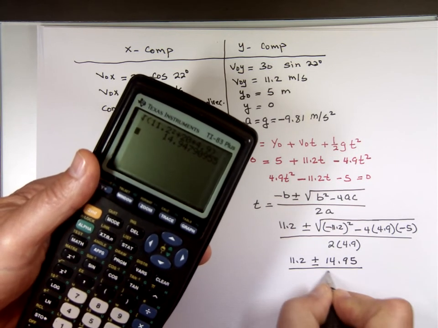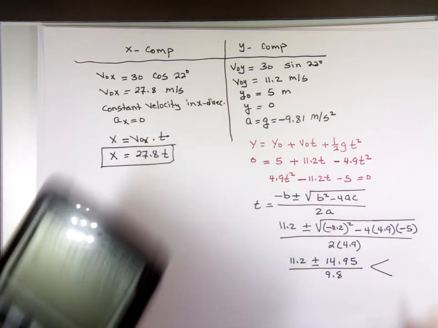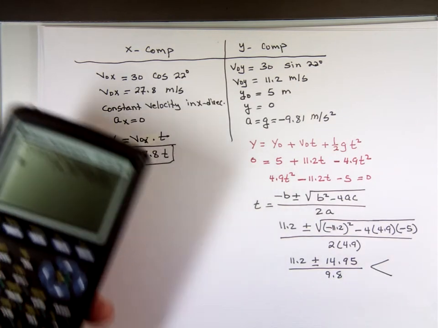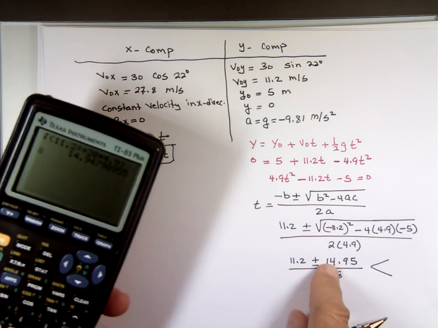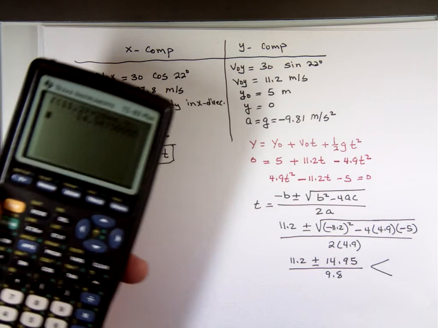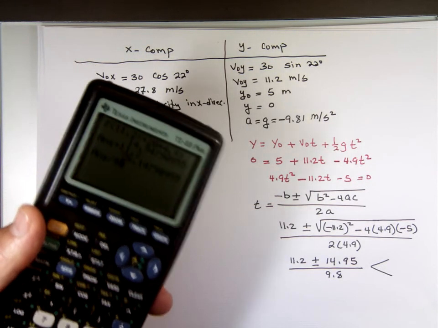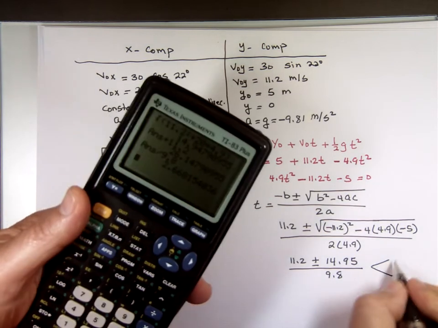One solution is when you use the plus, the other is when you use the minus. 11.2 plus that number, one answer is 2.668 seconds.